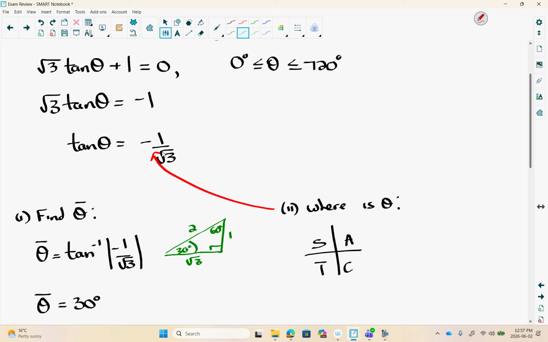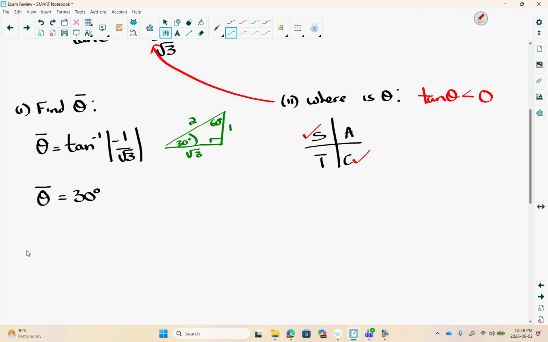That means tangent is negative. It's less than 0. If tangent is positive in the first quadrant and the third quadrant, it would be negative in the second and fourth. You follow? If this was a positive 1 over root 3, this would still be 30, but I'd be looking in quadrant 1 and 3.